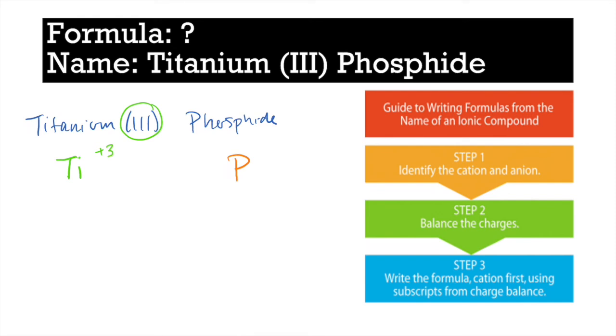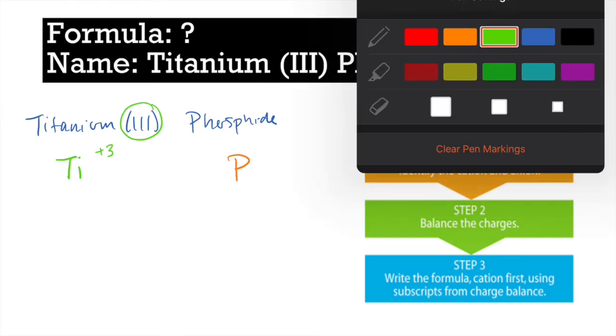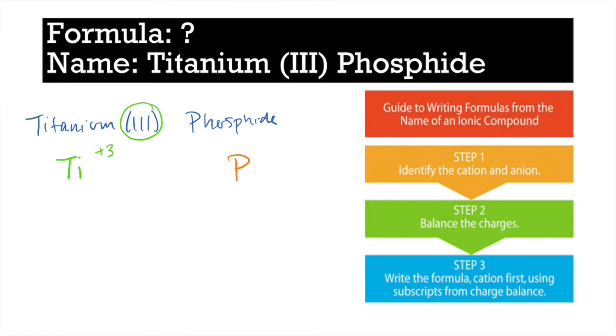Now, it doesn't matter that it has multiple options. We know it has multiple different versions because the Roman numeral is there, but we don't even need to look at it because the Roman numeral 3 means we're dealing with a +3 charge. Phosphorus, we know, has a -3 charge. Again, for nonmetals, you're using that top number only.